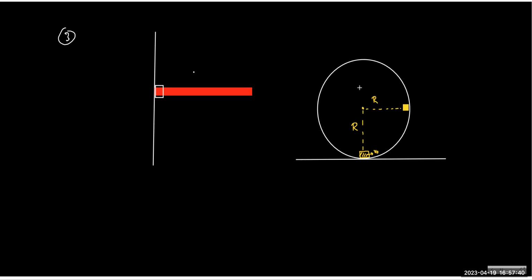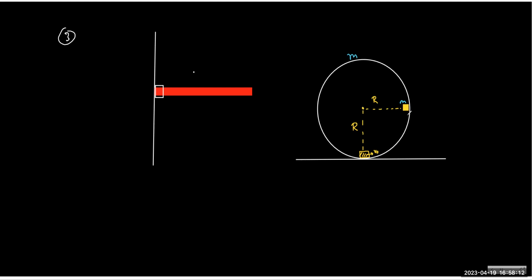So here the mass M is initially at the lowest point. So the mass is the same. If you are able to just reach there, I think the system will come to rest only, right?